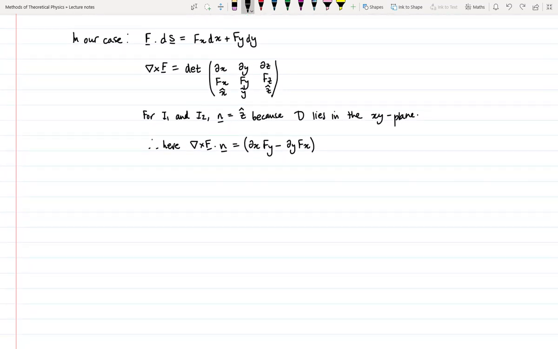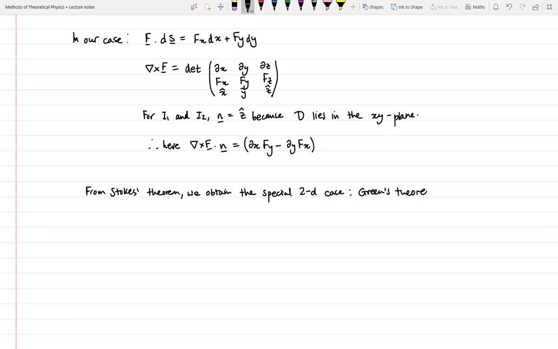Plugging this into Stokes' theorem above, this gives us the special 2D case, which is called Green's theorem, which I'll write below. So, Green's theorem.